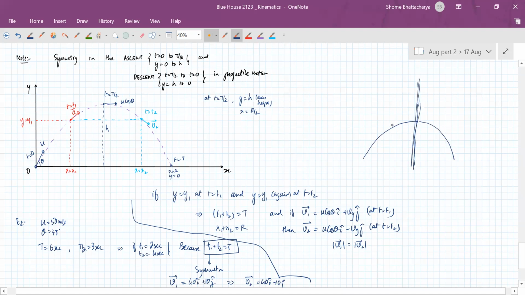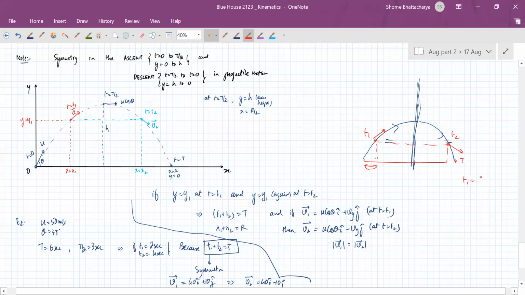So at any two points on the same level, the velocities will have the same magnitude and the y coordinates will be the same, and the time will also be symmetrical. If this time interval from here to here is t1, then from here to here should also be t1.